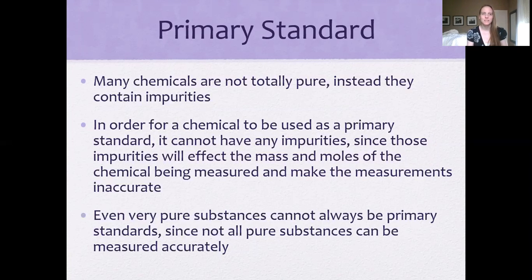Those impurities are going to alter your mole ratio slightly because you're going to be accounting for a chemical based on its mass, and yet if there are impurities in there, then the mass of that chemical is actually lower than what you've measured it to be.